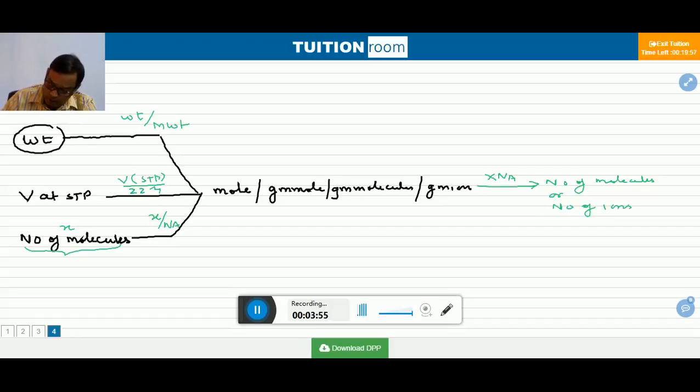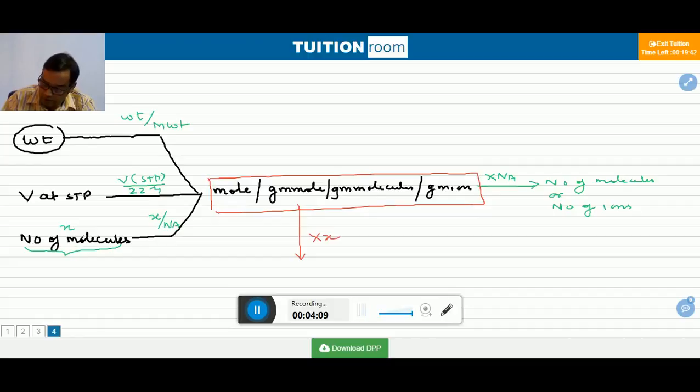There is a separate path we discussed yesterday. If this is multiplied by some x, we will say this is gram atoms.